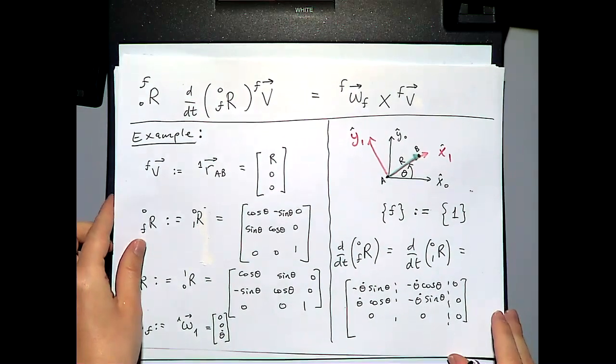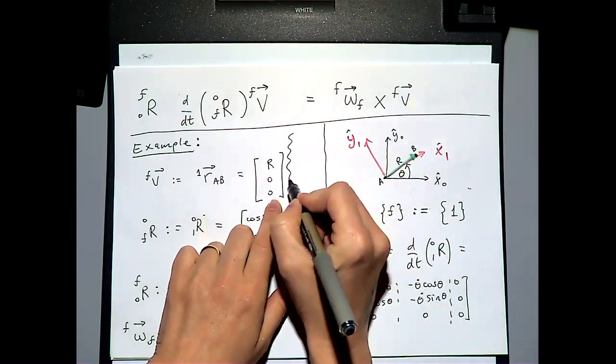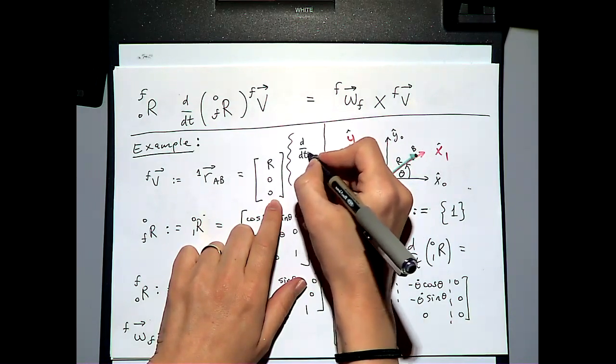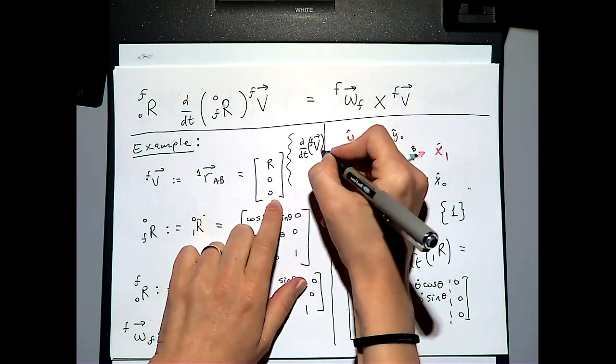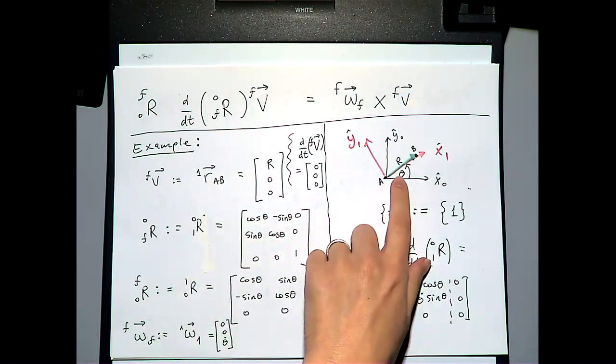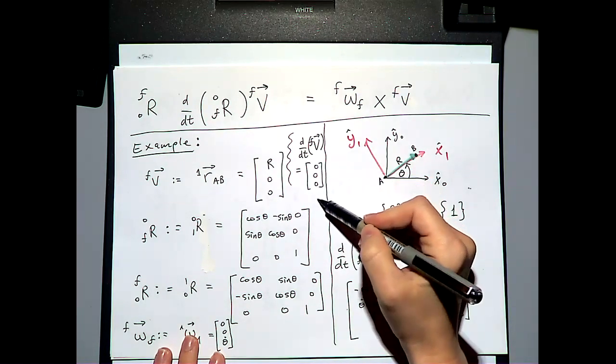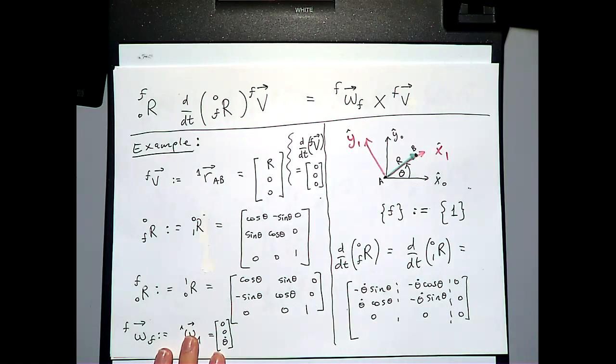Okay, if you just take the component by component of this vector, if you do d dt of it, you get all zeros. This is because if you place a camera to move together with frame 1, you will view no change in the position of point B relative to A. But it is not true that point B doesn't move relative to A. So the velocity of point B relative to A is not 0.